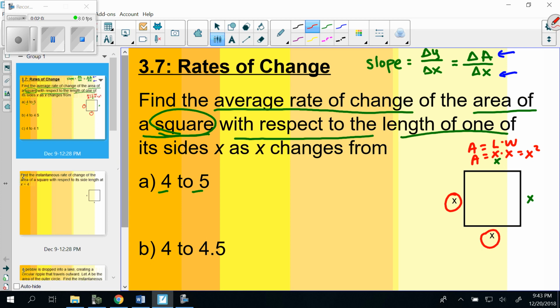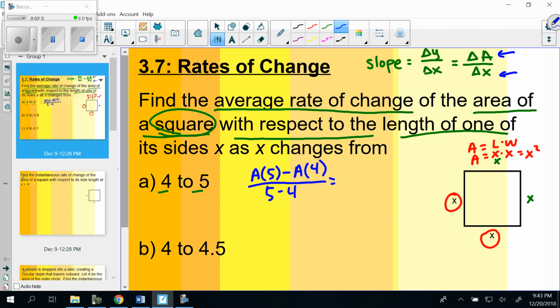So let's do part A here. What is the average rate of change of area with respect to the side length? So what we want to do is find what is our area at 5 minus our area if the side length's 4, over 5 minus 4. Well, what would our area be if we had a side length 5?